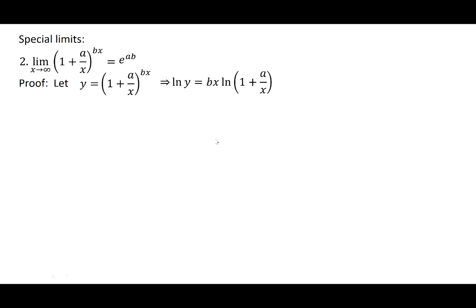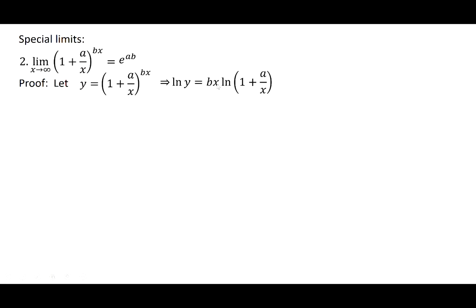The idea there being, if a equals b, then natural log of a equals natural log of b. Okay, so when I do that, on the left hand side I get natural log of y, and immediately I apply the law of logarithms that the exponent bx becomes the coefficient of the natural log.